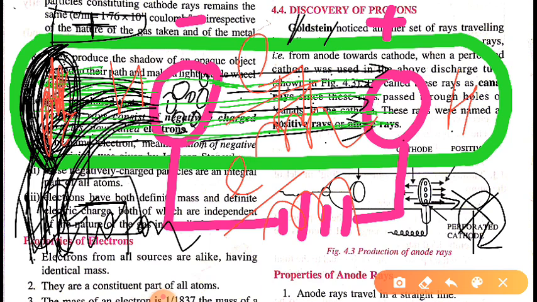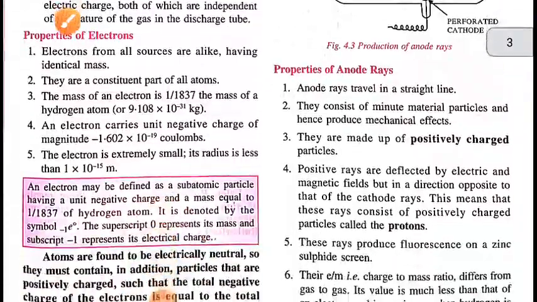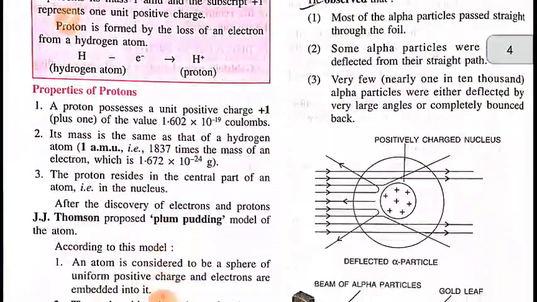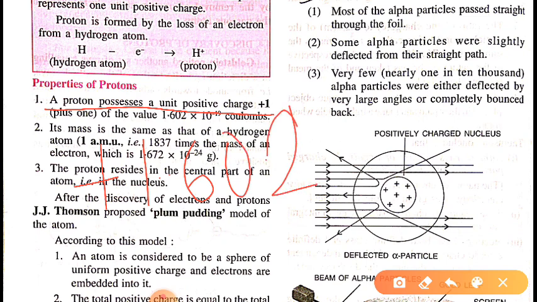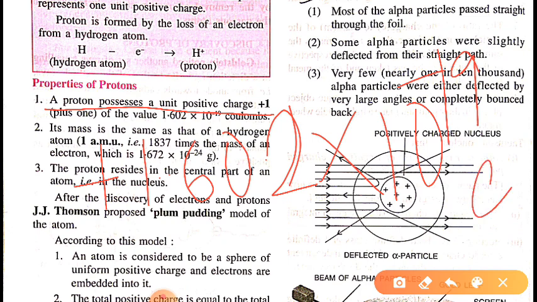Now, I hope you have understood this. I'm erasing this diagram. So he told that the proton possesses a unit positive charge of +1, and its value is +1.602 × 10^-19 coulomb.